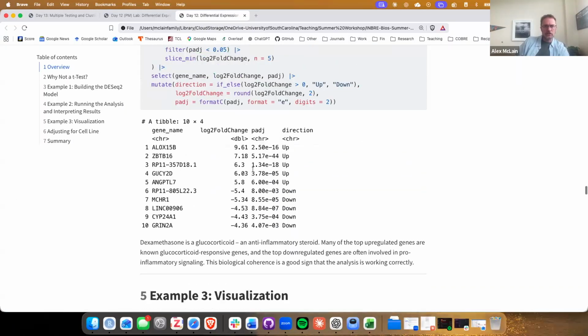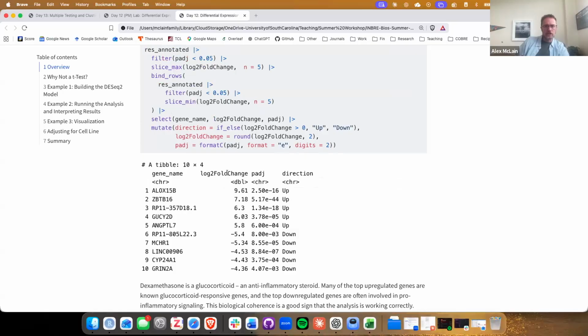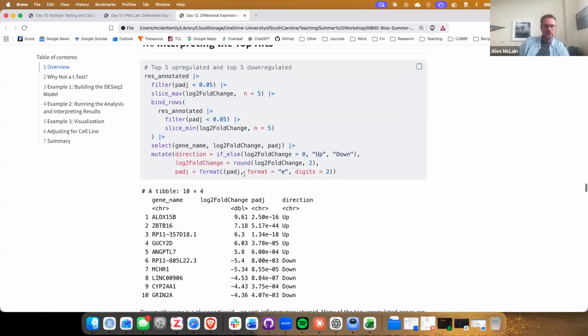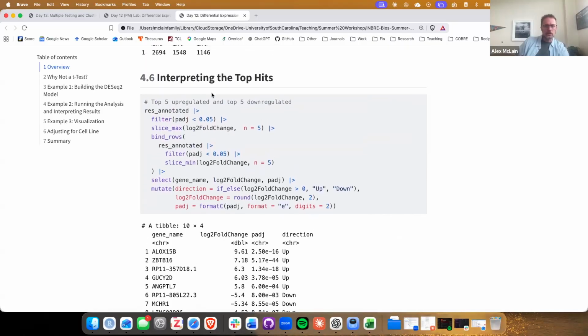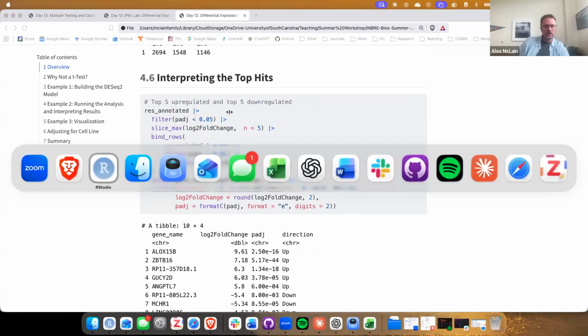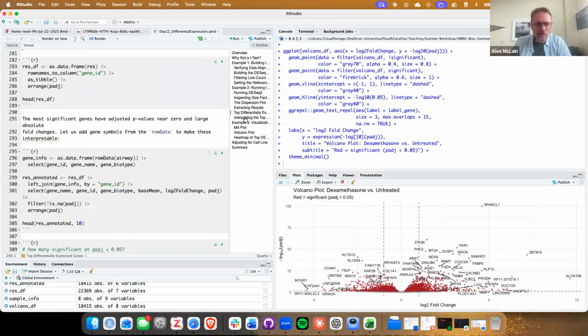I'm not going to look at the figure. I wanted to redo this table where we're looking at the log fold change. So that's 4.6, interpreting top hits. I'll go here, interpreting top hits.